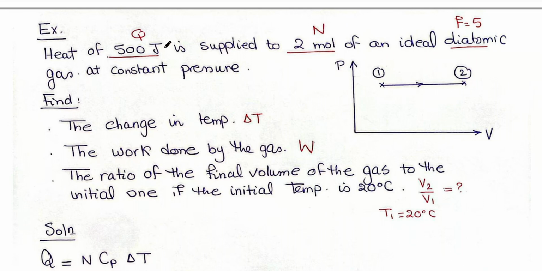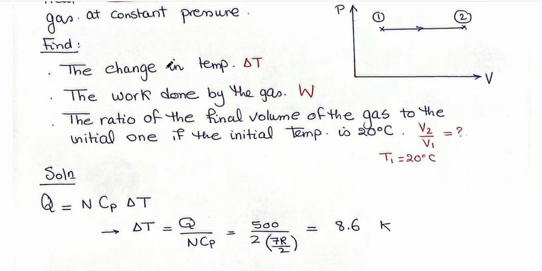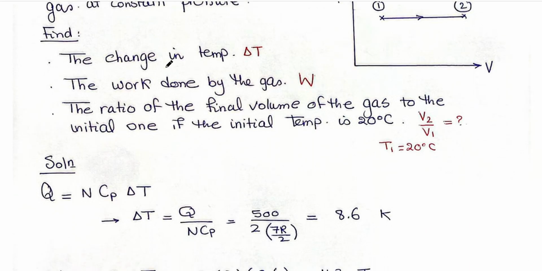What is given? The given is heat energy. So I will start with the equation of the heat energy. Again, the heat energy is nCpΔT for a constant pressure process. Now you have the Q, you have the n, you have Cp. The only unknown is ΔT. Find ΔT.